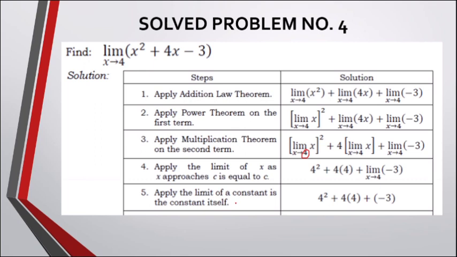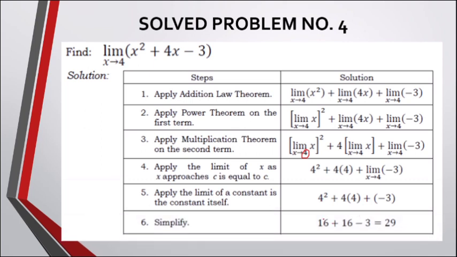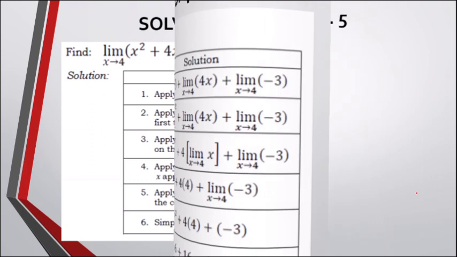Apply the limit of a constant is the constant itself, the first law, if you still remember. We just removed the limit. Now you are going to solve it. 4 squared is 16, 16 plus 16 is 32, minus 3 is 29.